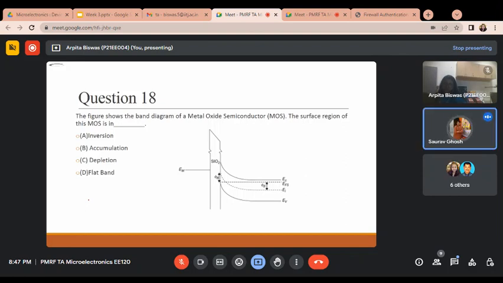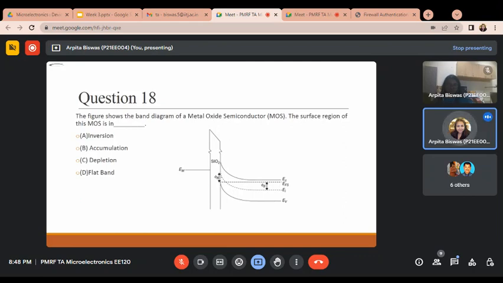Oh, I think it is depletion mode, because the bands are not flat, so the flat band condition is not possible. Inversion will take place when the band bends downwards. So here the upward bending of bands is there. Here you can see that. Just a minute.